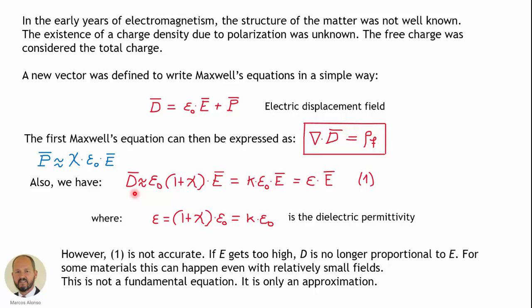But this is only an approximation, because if E, the electric field, is too high, D is not going to be proportional to E, and for some materials this can happen even with a relatively small field. So this cannot be considered a fundamental equation. This is only an approximation. The actual and valid equation is this one, which is the correct definition of the electric displacement field.